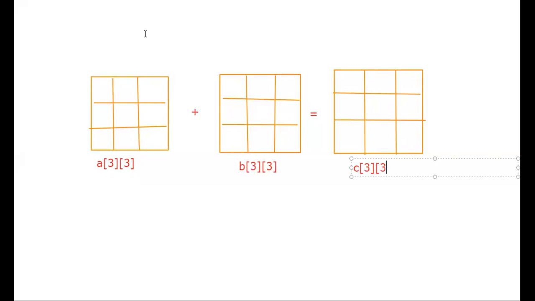Here, what is the index for this first block, guys? 0, 0. What about the B matrix? Again 0, 0. So by default the compiler is going to perform the addition in this manner: A of 0, 0 plus B of 0, 0, and it is going to store the result inside which block of the C array?